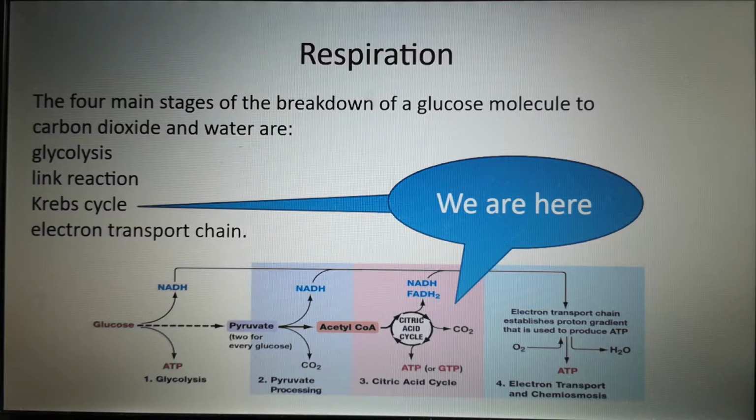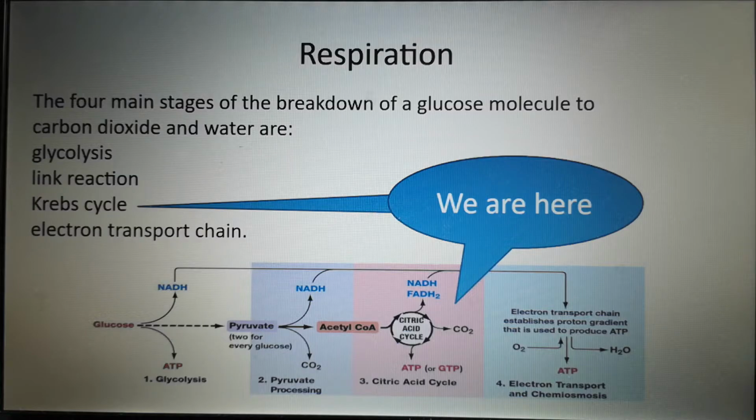The whole purpose is to collect reduced NAD, and that reduced NAD is going to carry the electrons, because remember, NAD is an electron carrier. It's going to carry the electrons to the electron transport chain, where they will be used to phosphorylate ADP. So that's just a little explanation of where we are up until this point.